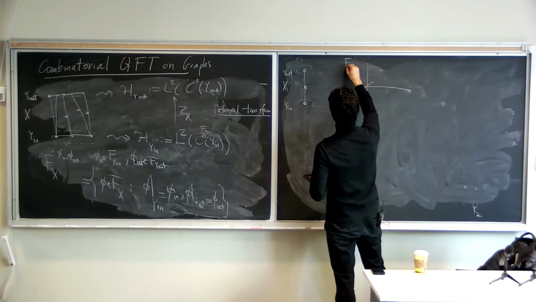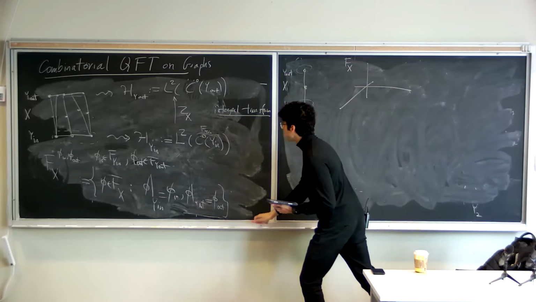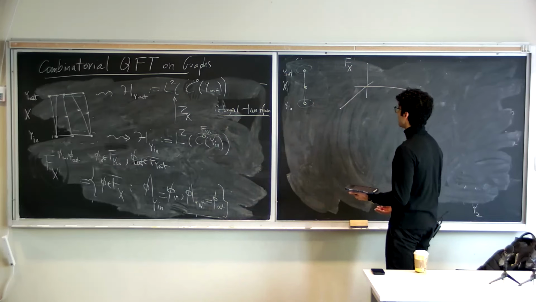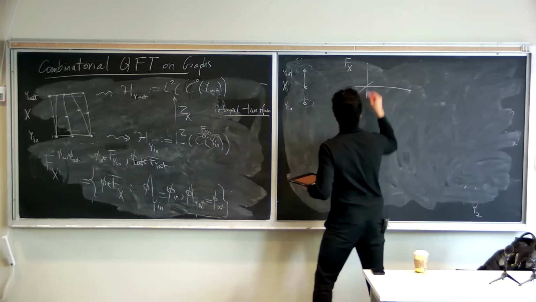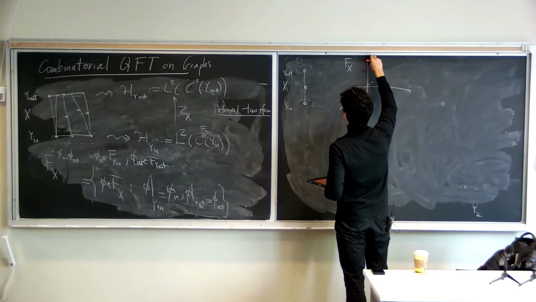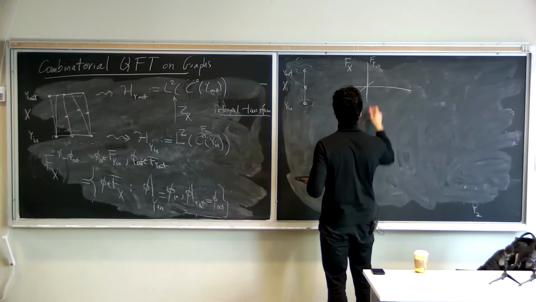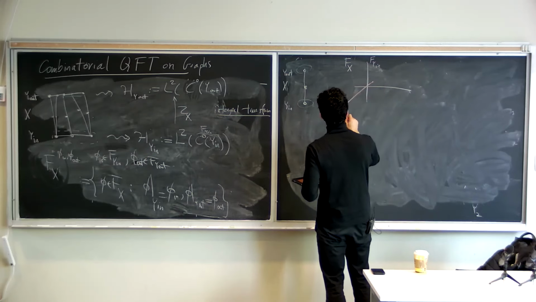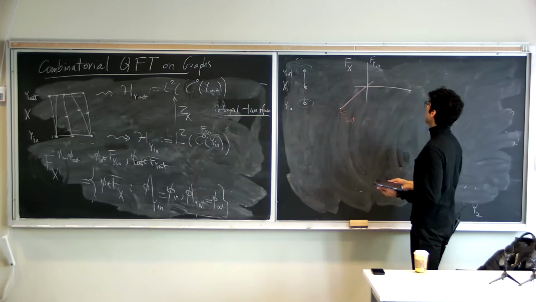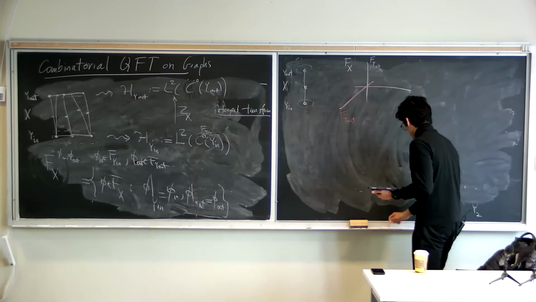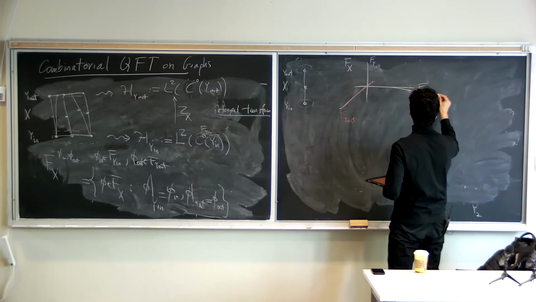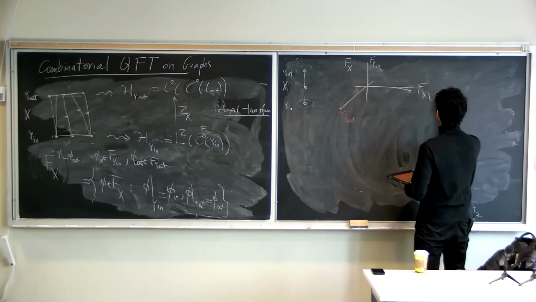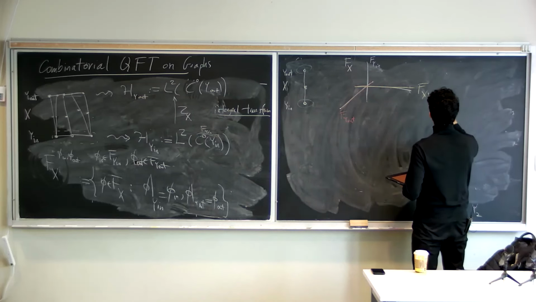Inside here I have F_Y_in and F_Y_out, each of them one-dimensional. And then the rest, which means F_X minus the union of these two boundary graphs, Y_in union Y_out.